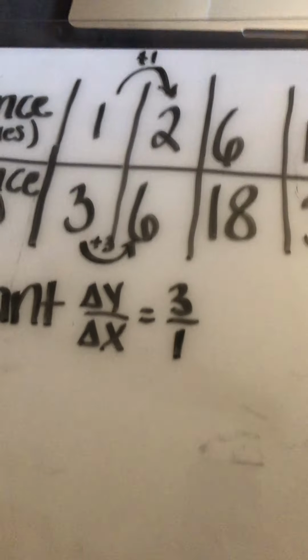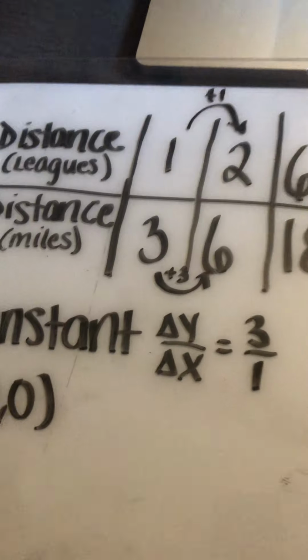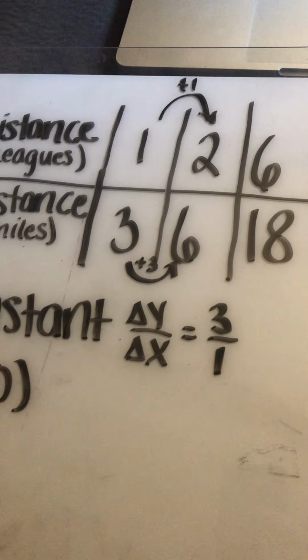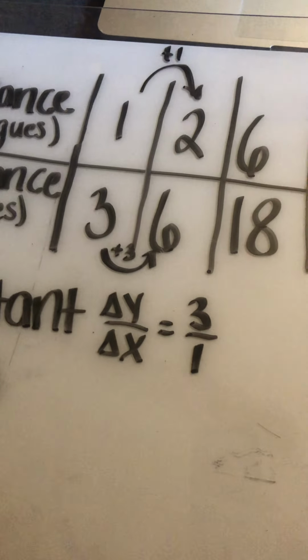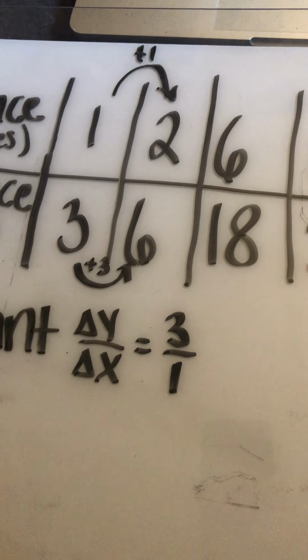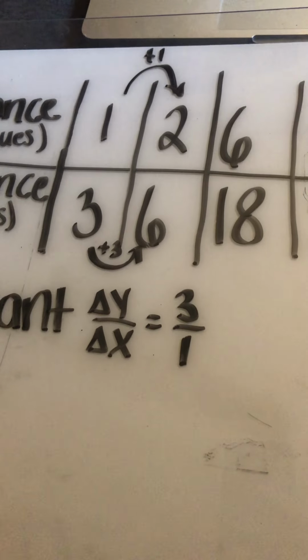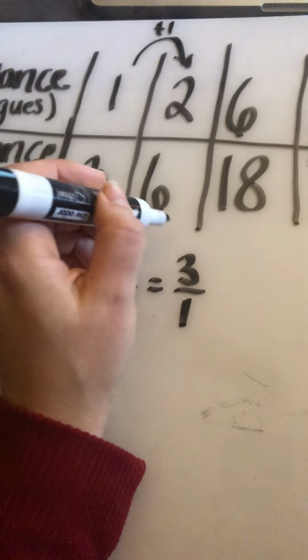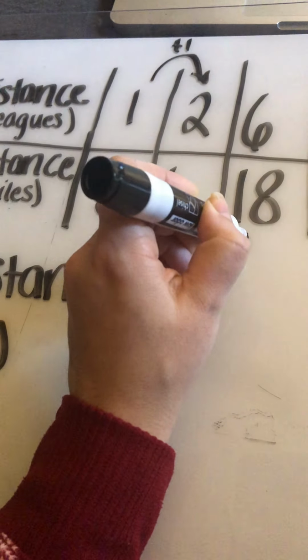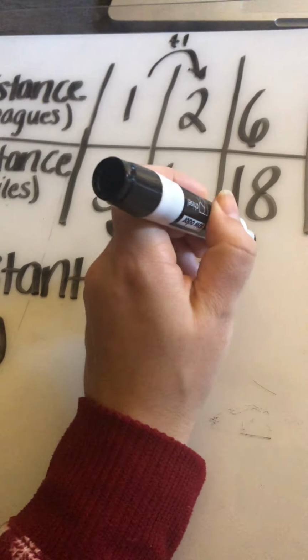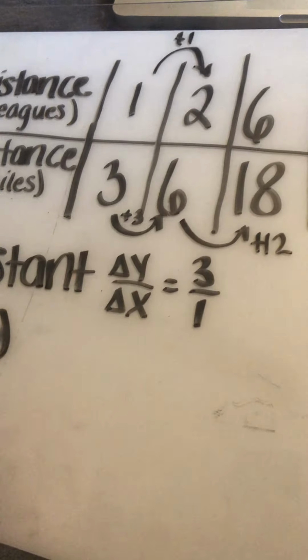Now, some of you are getting confused with this, and that's what yesterday's lesson was about. Please go back and review that lesson if you're still a little confused, because I noticed that some of you were seeing these numbers jump and automatically saying it wasn't. But if you look, from 6 to 18, we're changing by 12. So that's our change in y.